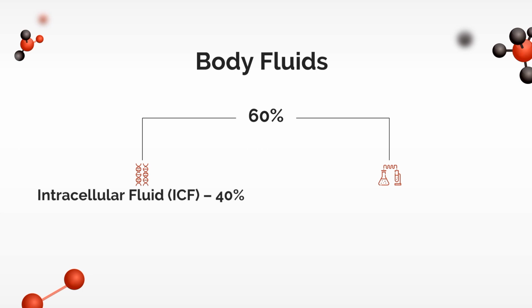The fluid present within cells is known as intracellular fluid, which makes up 40% of total body fluids. The fluid outside the body cells is known as extracellular fluid. It makes 20% of total body fluids.